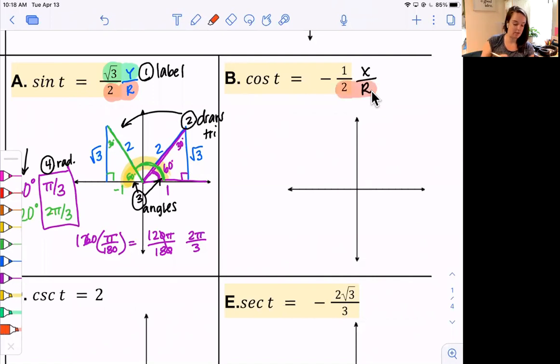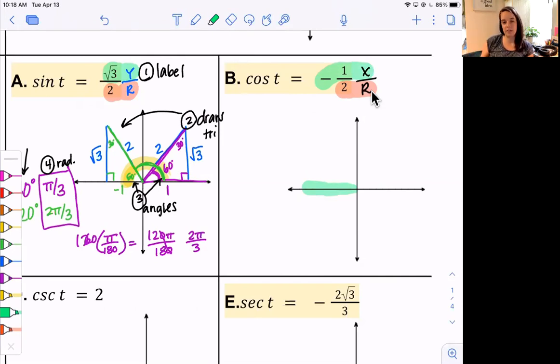Can x be negative? Yeah, x can be negative, right? Our x is negative over here. So in this case, x is -1. So I know that x is -1, and I know my radius is 2. There are 2 triangles.